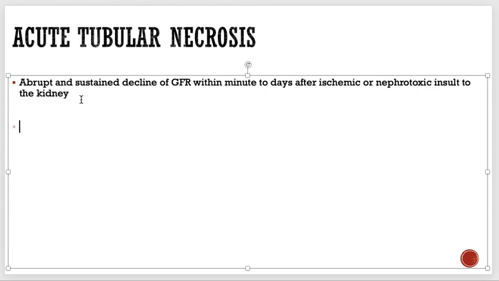So the GFR is reduced very, very quickly in these patients, okay, and there is increased loss of fluid and increased loss of electrolytes because the tubules are not functioning. Remember the word necrosis. Necrosis is there, and the GFR is reduced so fast.